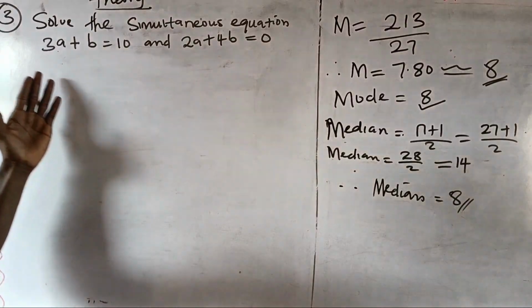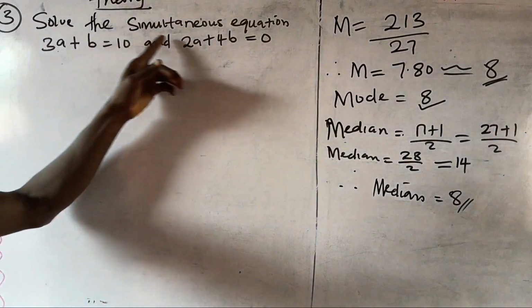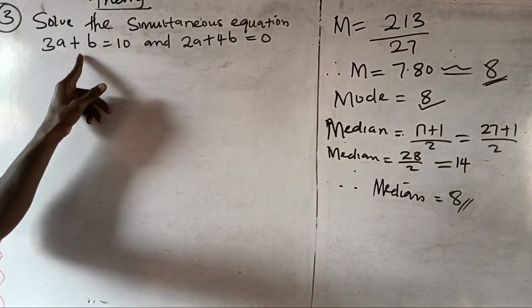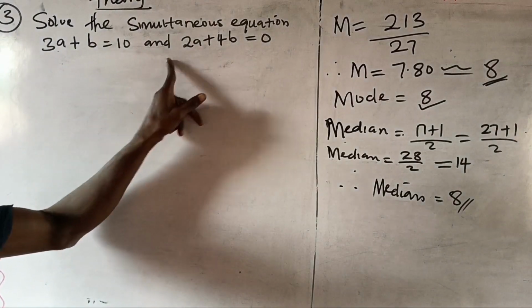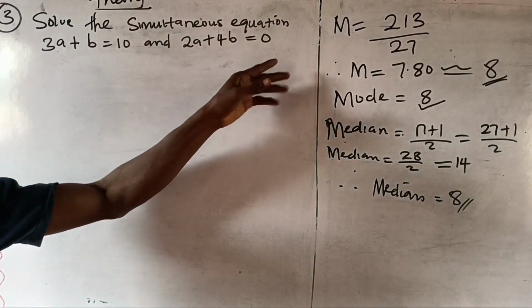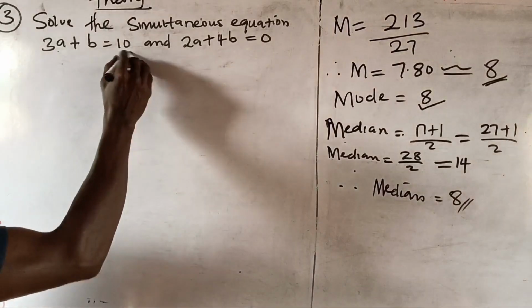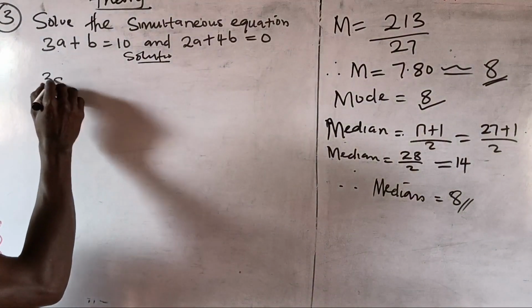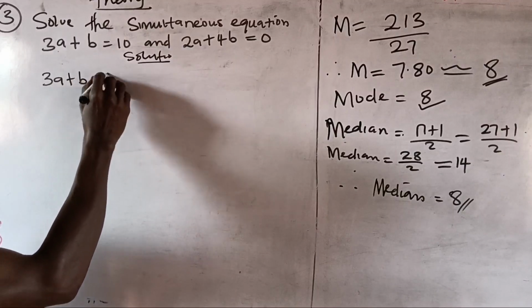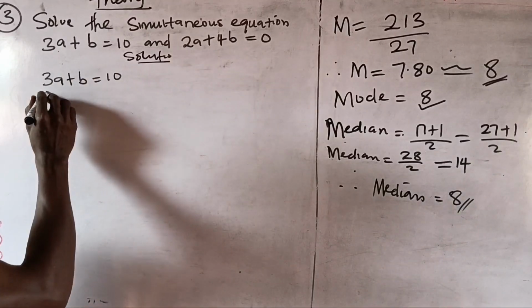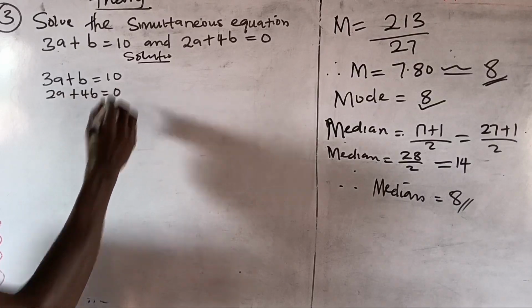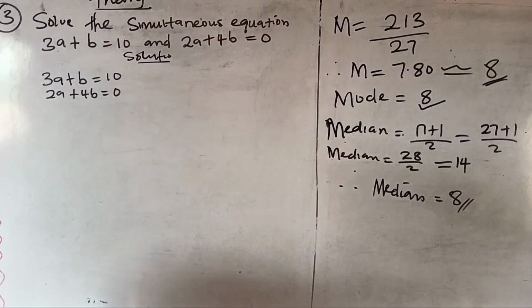Let's check question 3. Solve the simultaneous equation: 3a plus b equals 10 and 2a plus 4b equals 0. Solution. What do we do next?